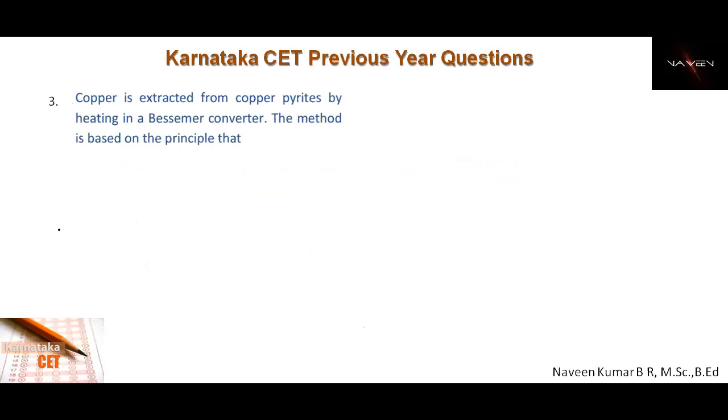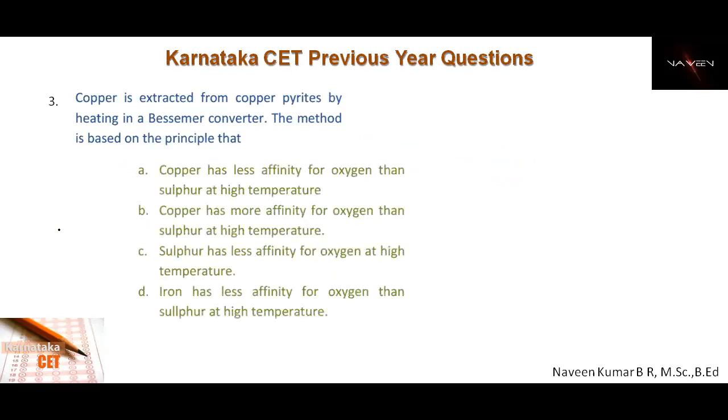The method is based on the principle that: copper has less affinity for oxygen than sulfur at high temperature; copper has more affinity for oxygen than sulfur at high temperature; sulfur has less affinity for oxygen at high temperature; iron has less affinity for oxygen than sulfur at high temperature.